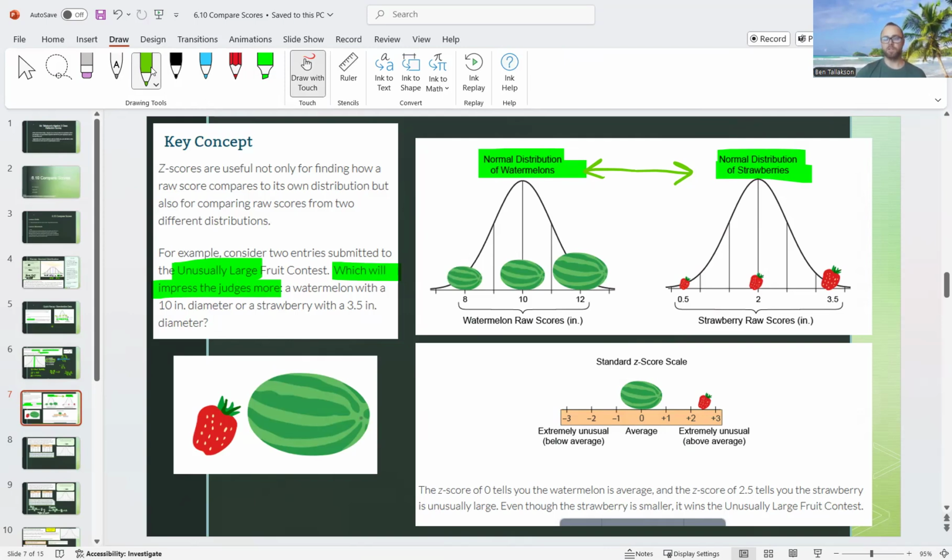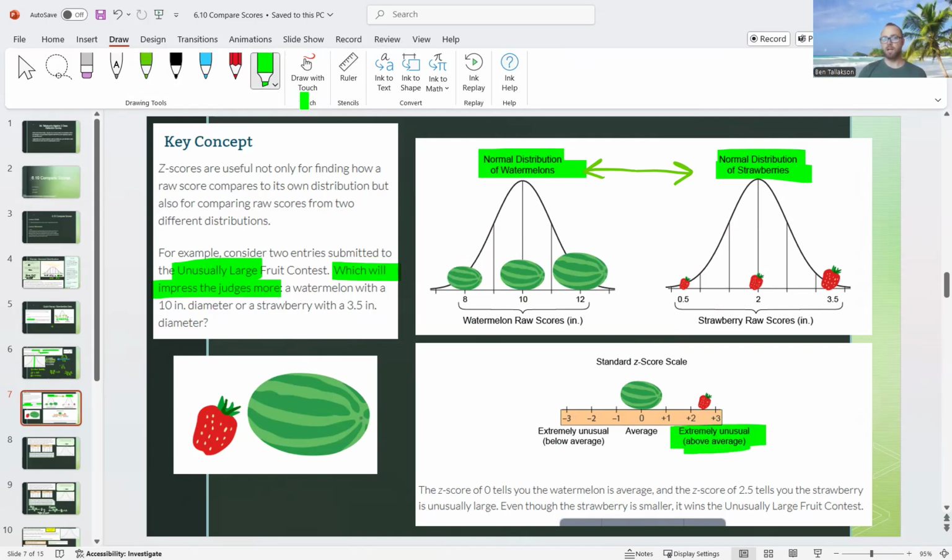Well, you can see to the side here that a 10-inch watermelon is perfectly average in relation to watermelons, having a z-score of 0. Perfectly average size watermelon, right? Because they're not asking which one's bigger. They're asking which one is unusually bigger, which means compared to the average, right?